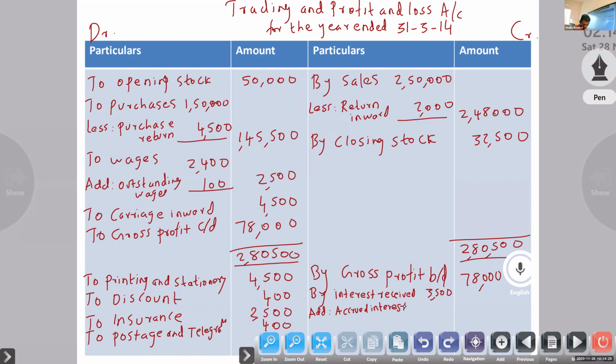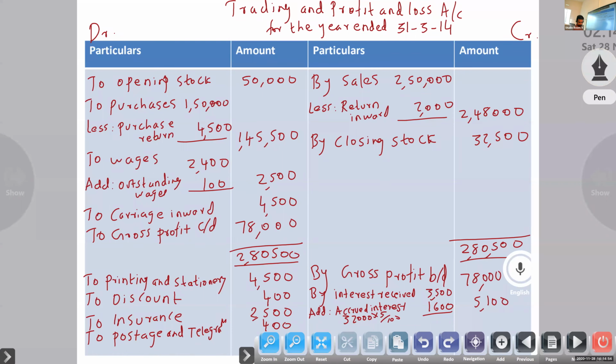It is given as 5%, so you have to look at the investment amount, 32,000 into 5%, so that is 1,600. 3500 plus 1,600 is 5,100.